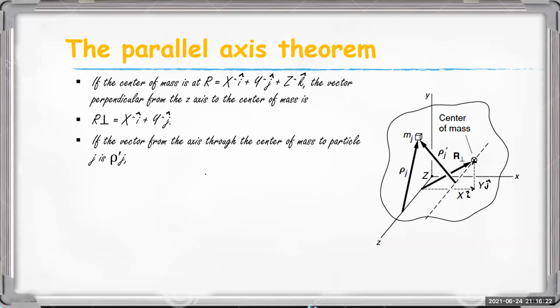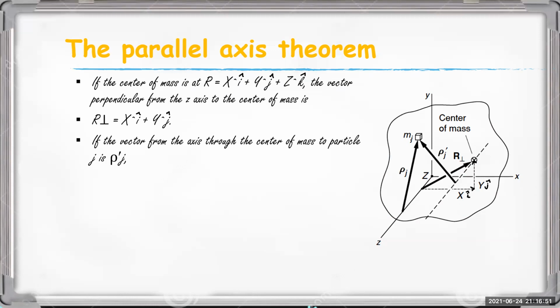And the vector from the axis through the center of mass to the particle is rho j dash. This is the center of mass axis, and this distance is rho j dash.